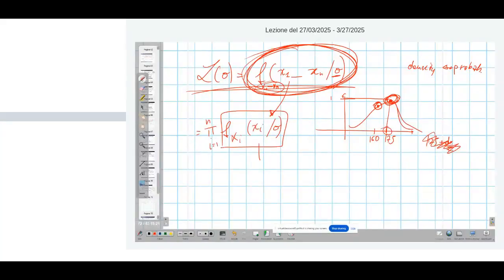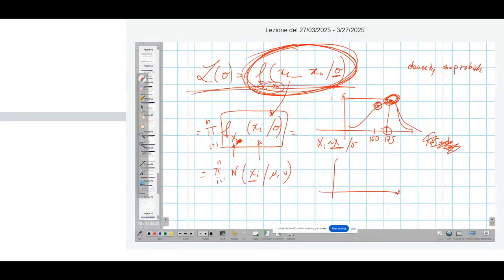This is the Gaussian density, f of x, or without the i, since they are all distributed as the random variable x. So I can omit the i because they all have the same distribution. It is a product of Gaussian densities computed, for the moment let's write v, at xi.